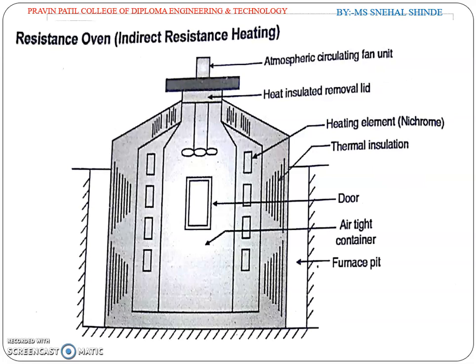The second type of resistance heating is indirect resistance heating. It is also known as the resistance oven.